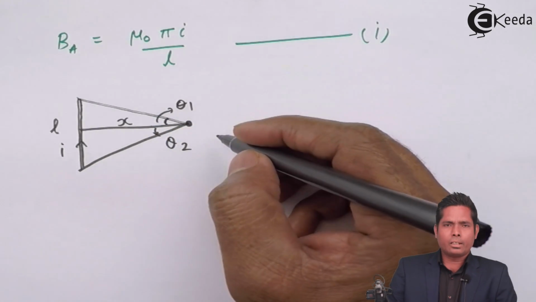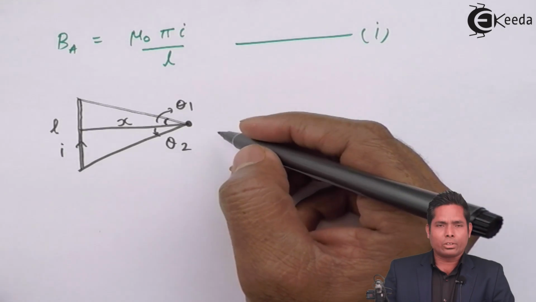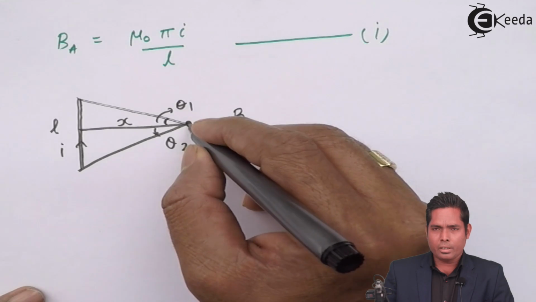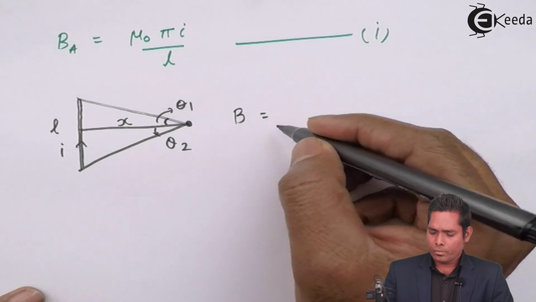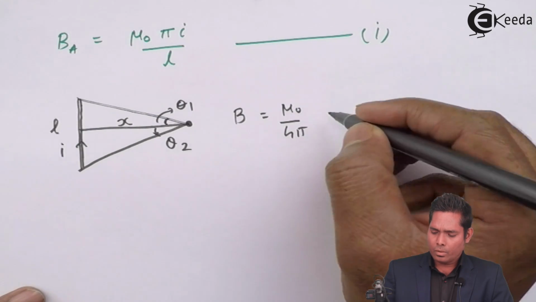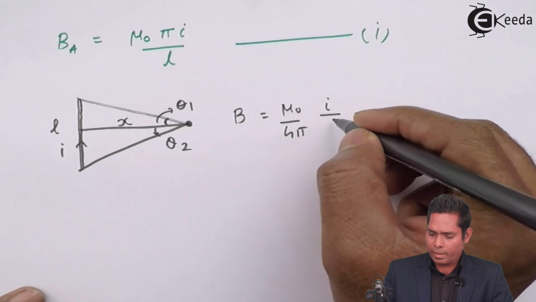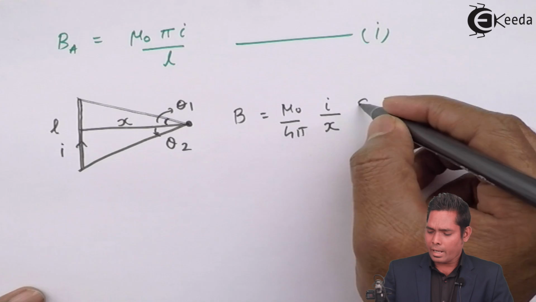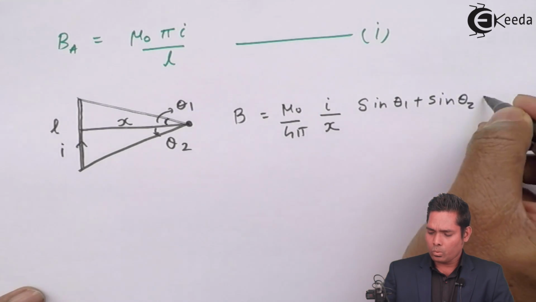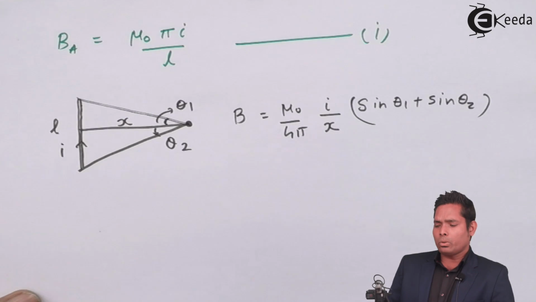then we know that due to a wire of finite length, the magnetic field at this point at a distance x will be mu naught upon 4 pi I upon x, sine of theta 1 plus sine of theta 2. This is the formula you are going to use.